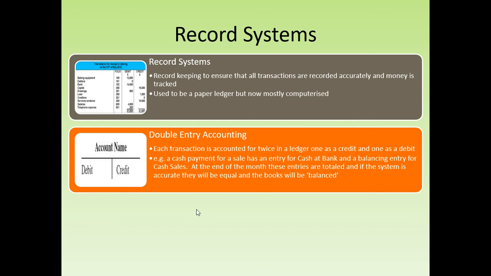So, for example, if you go and buy a television on account and it costs you $1,000, you take the television away. In the accounting system, they'll enter that as a debit in sales. So $1,000 will be debited to their account. When they send you the bill, they enter that as a credit, saying it's money that they owe you. Right.